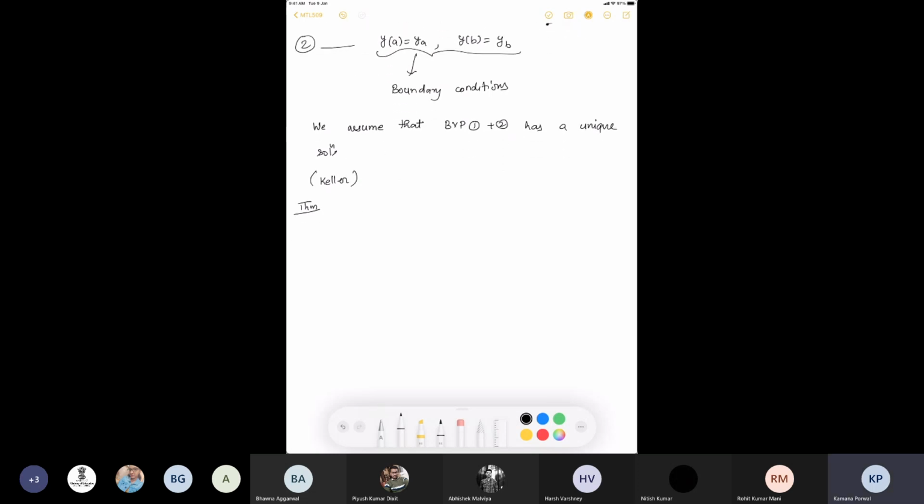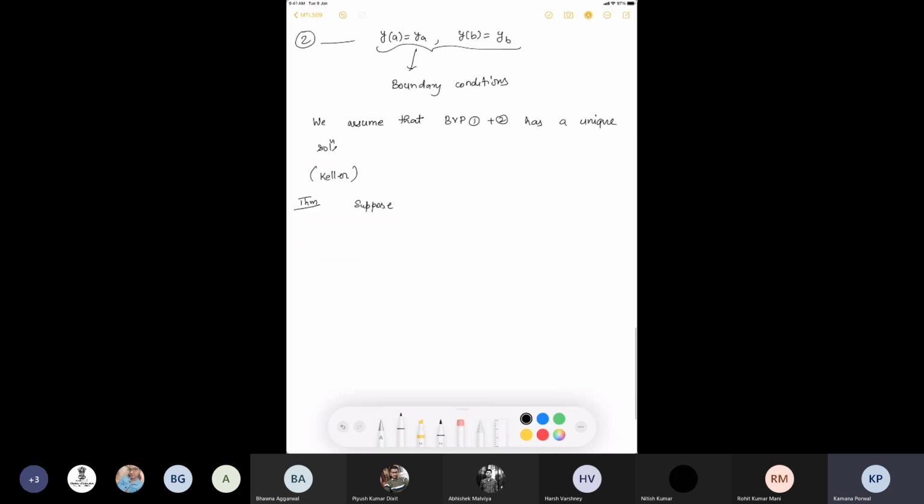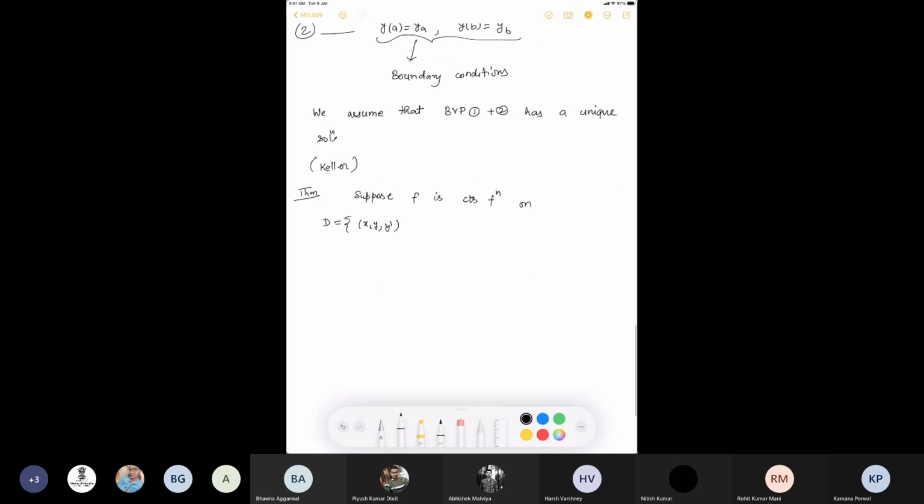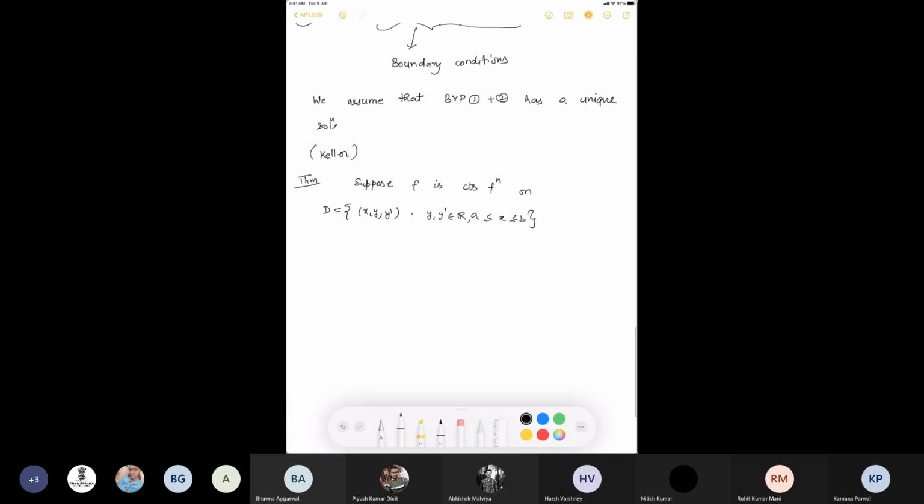So this theorem says that suppose the function f, which we have here in the differential equation, is a continuous function on D. We can see that f depends on the three variables x, y, and y prime. So here y and y prime are in R, and x is in the interval [a, b].